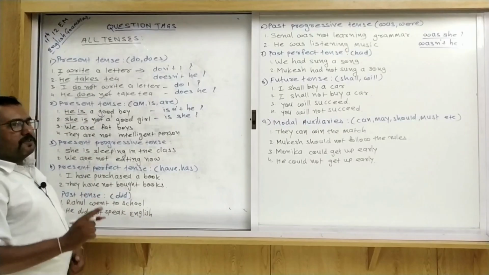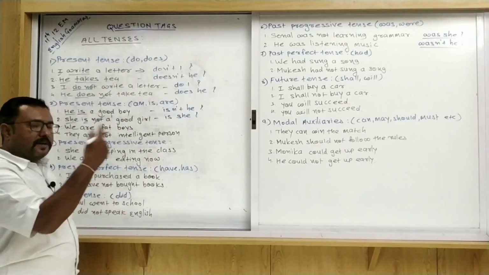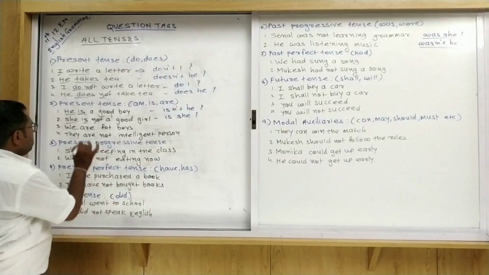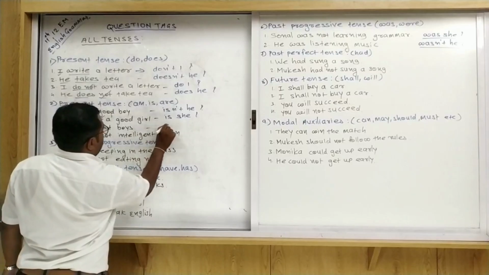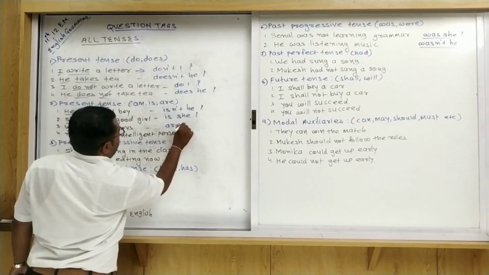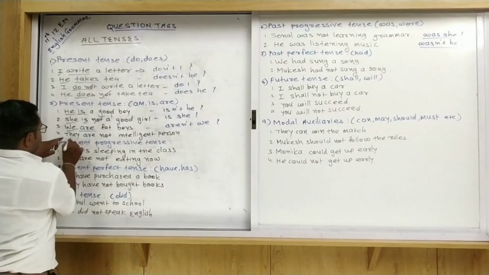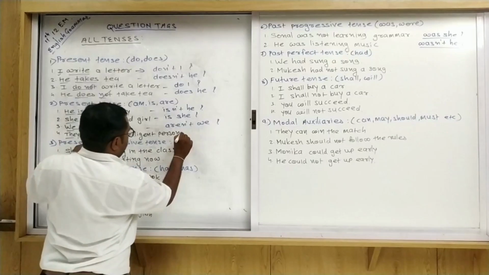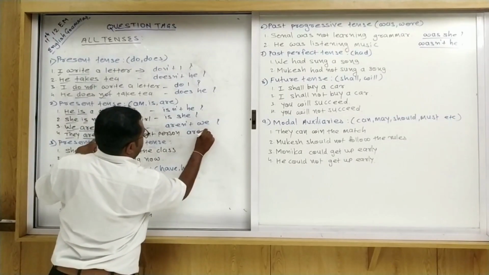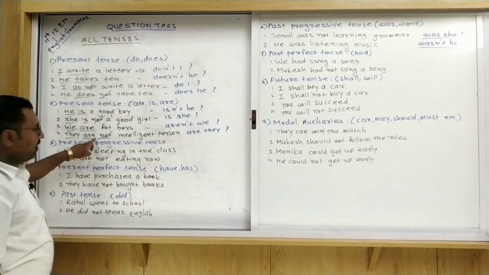The statement is positive, then the question tag is negative. The statement is negative, then the question tag is positive. We are fat boys. We are. So aren't we? They are not. Remove not. Are they? So that is the right answer.